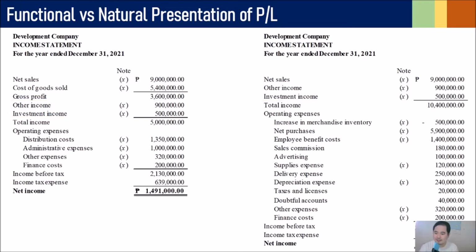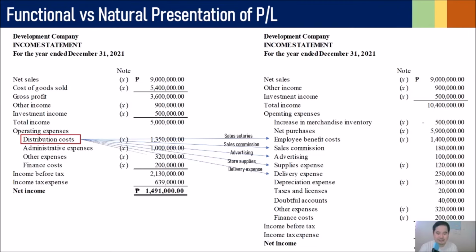Okay? And then, dito naman po sa distribution cost, ang function po ng mga expenses na yan, distribution. Pero by nature, ano po ba siya? Pwedeng sales salaries. Okay? Pwedeng sales commission. Pwedeng advertising. Pwedeng store supplies. At pwedeng delivery. At pwedeng depreciation ng store equipment.